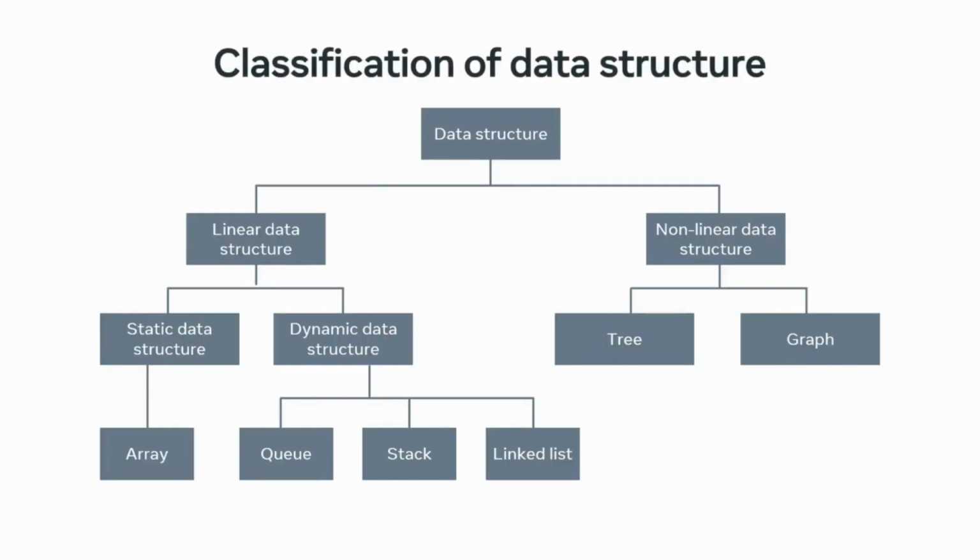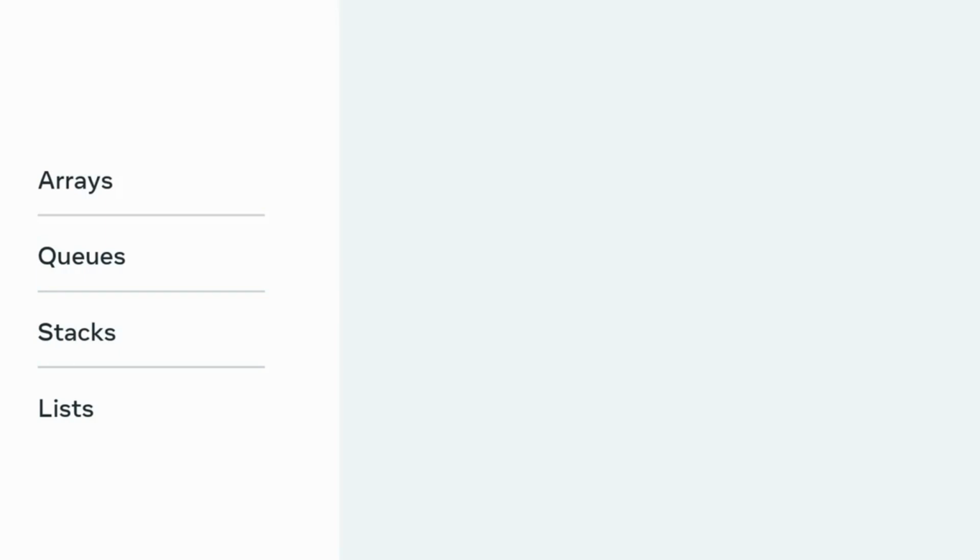You then took a deep dive into all the types of data structures. To refresh your memory, here is a universal classification of data structures that categorizes the different types of structure into two main branches, linear and nonlinear. Examples of linear structures are arrays, queues, stacks, and lists, and it infers that each element is attached to the element that precedes it.